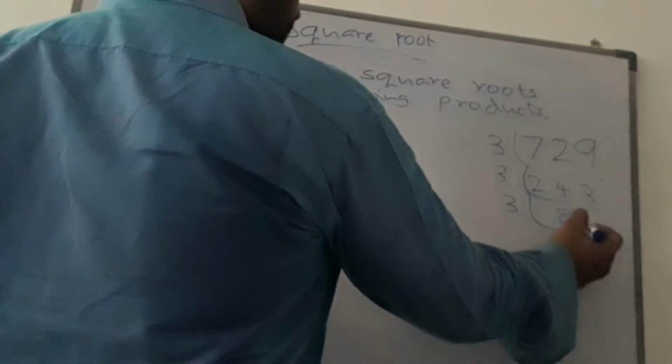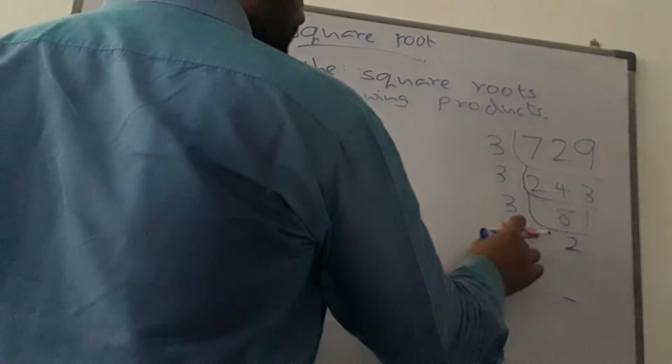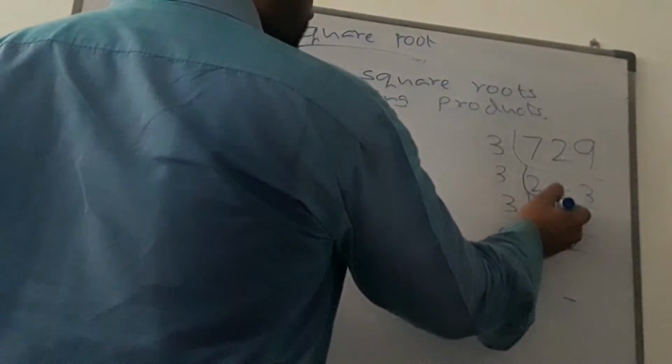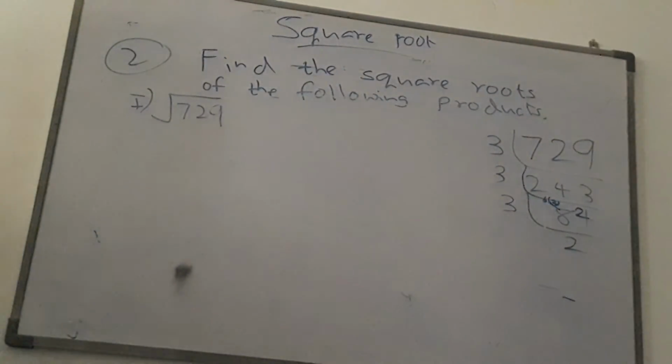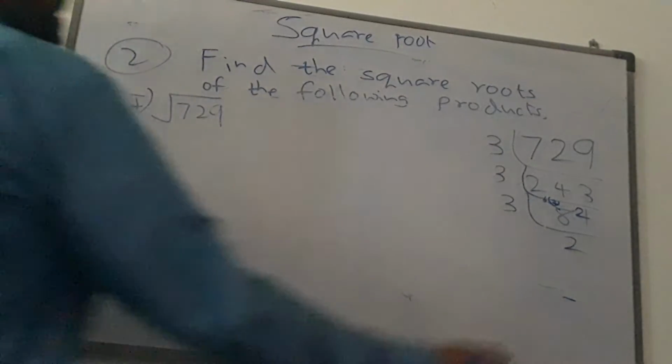So there can't be 3 3's because 3 times 3 is 9. So definitely there are only 2 3's. 2 times 3 is 6, and between 6 and 8 the gap is 2. And we can keep 2 in front of 1. So 21 means 3 times 7.